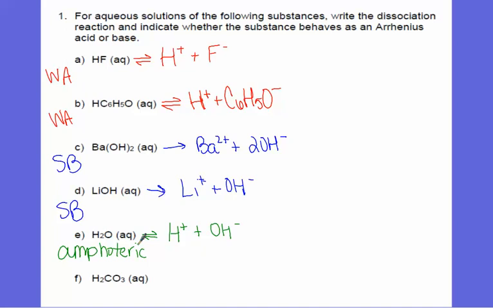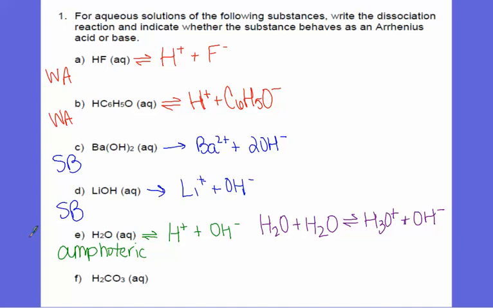So really what happens is not what I have written here. Water will react with itself and auto-ionize, forming the hydronium ion and the hydroxide ion. That's how we get to Kw, the equilibrium expression for water and the equilibrium constant, which is on your formula sheet. I'll be reviewing that in a little bit as well.